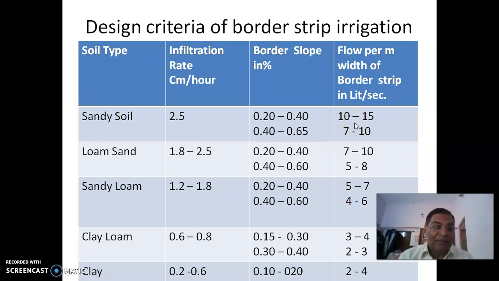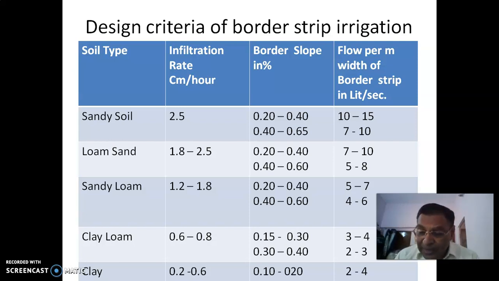So normally clay loam and clay require less stream discharge, whereas sand and loamy sand require more. So stream size depends upon the infiltration rate of the soil and its slope.